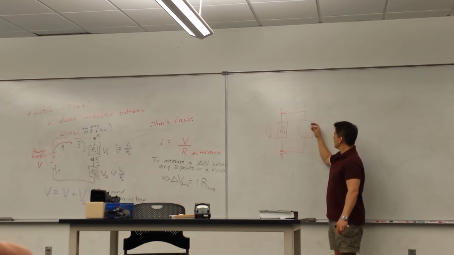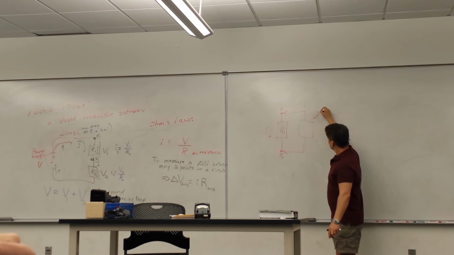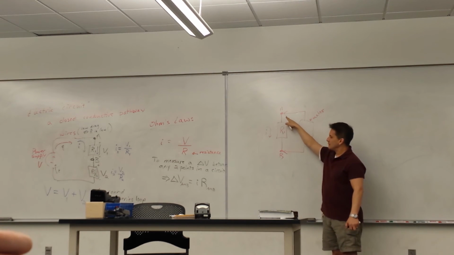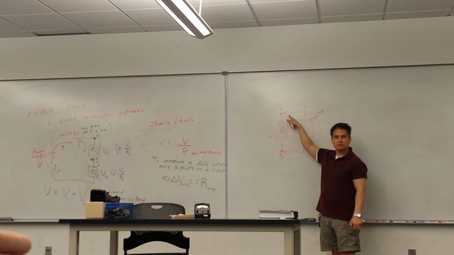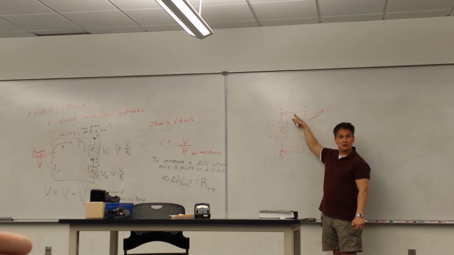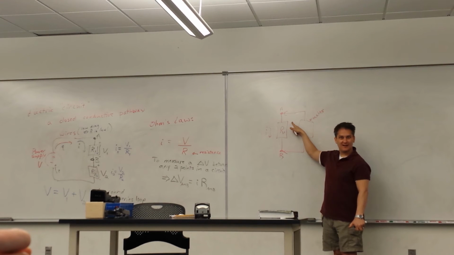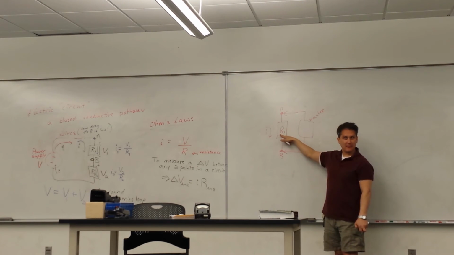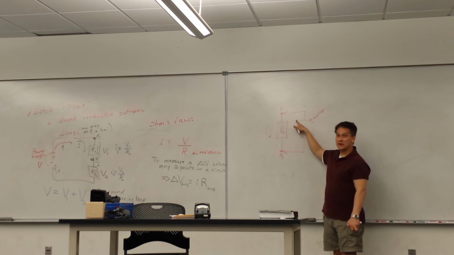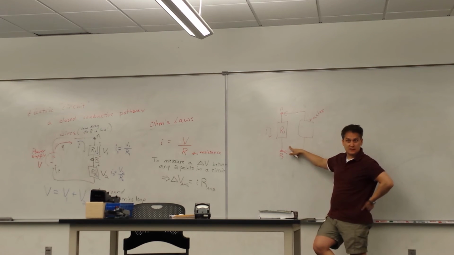Here's my little meter here. I'm going to bleed current off. As soon as I connect another conducting pathway in parallel with this resistance, that's going to open up the movement of electric current across this region.